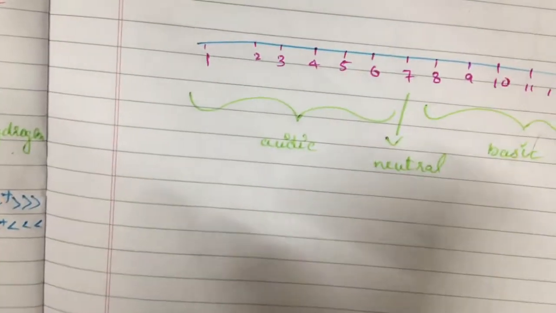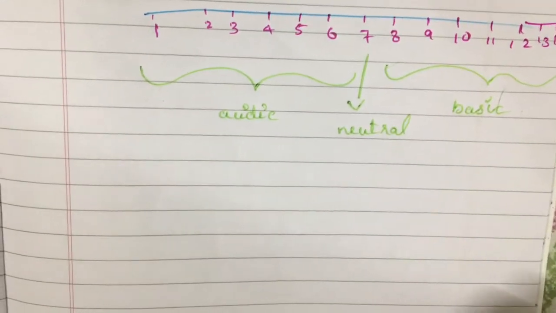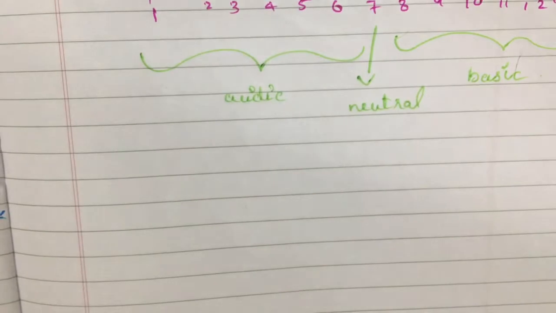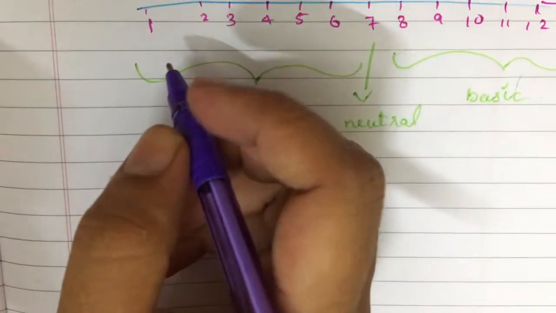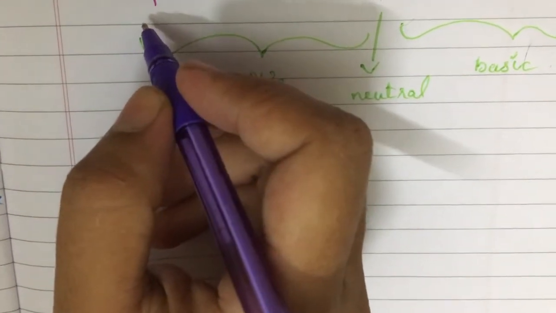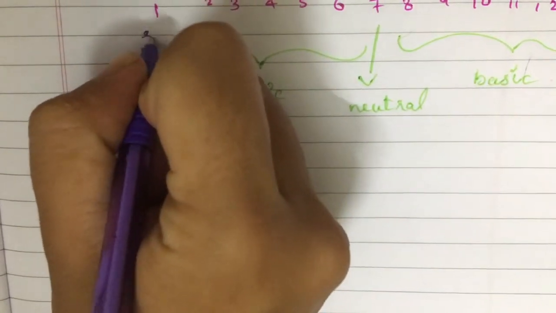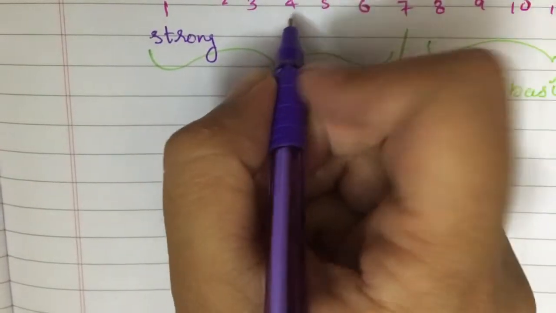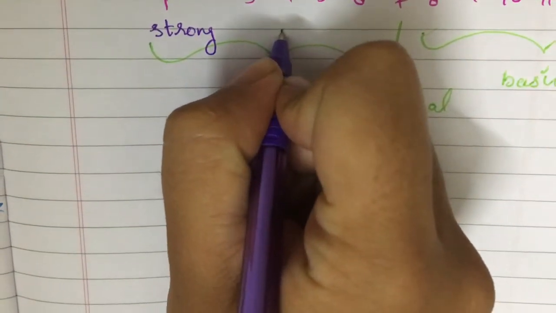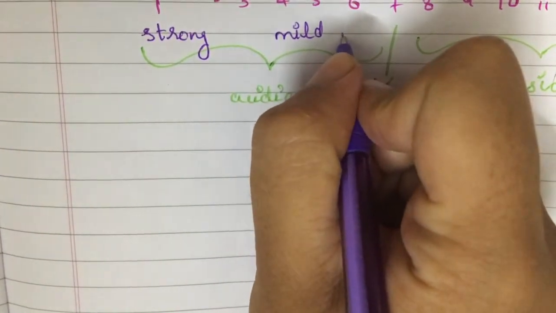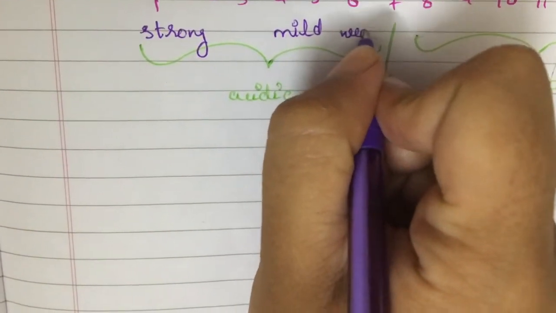So we can define the strength of the acids as well as the bases. What is meant by strong acid? A strong acid means it will have a very low pH, that is the pH range will be almost 1. That is a strong acid. 1, 2, they will be strong acid, and here in the middle they will be mild acid, and again weak acid.